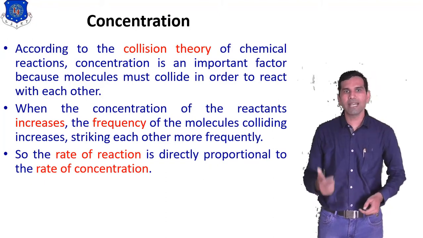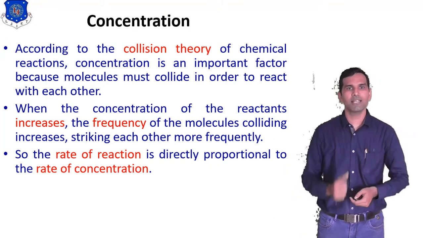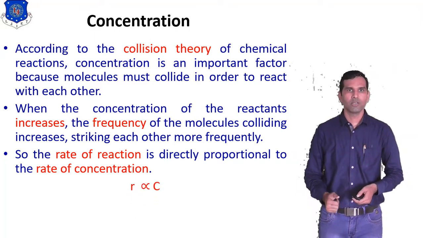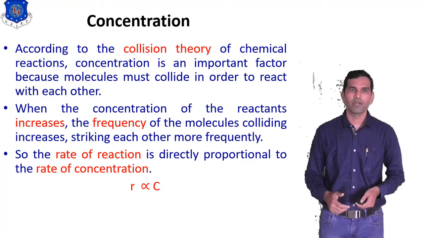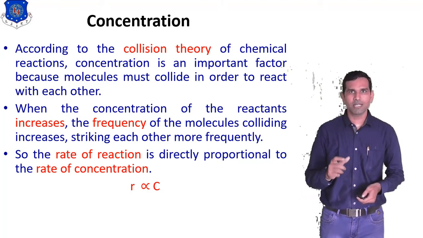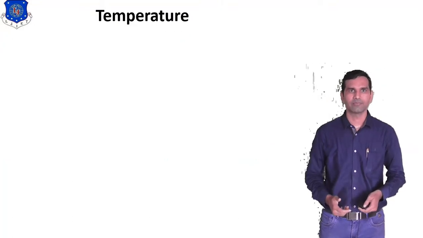So the rate of reaction is directly proportional to the concentration. So here R is directly proportional to C. That means if the concentration is high, then the rate of reaction is high.